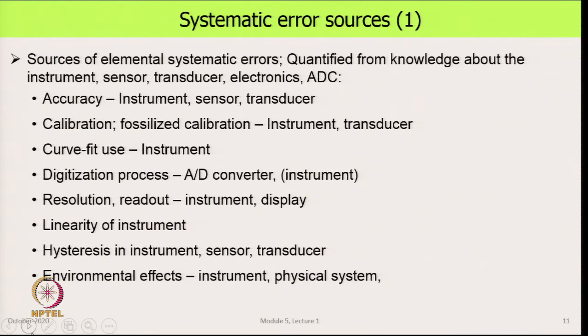Now, what were the systematic error sources? On this later on also we will come back and spend more time on it. Right now, I will just list them and just explain what this is. How to get information on this and then convert it into a standard error, this we will look at in a later lecture.